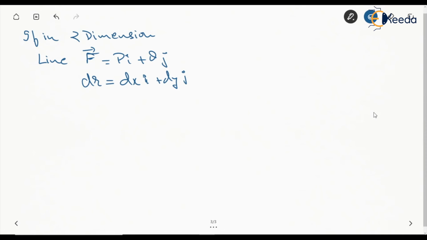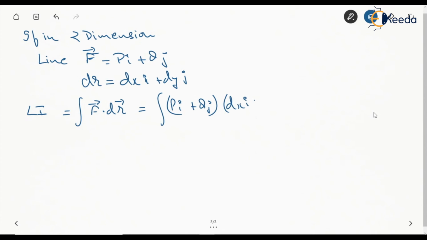So the line integral of F dot dr is nothing but Pi plus Qj into dx i plus dy j. So this makes it, for curve C, P dx plus Q dy, right?